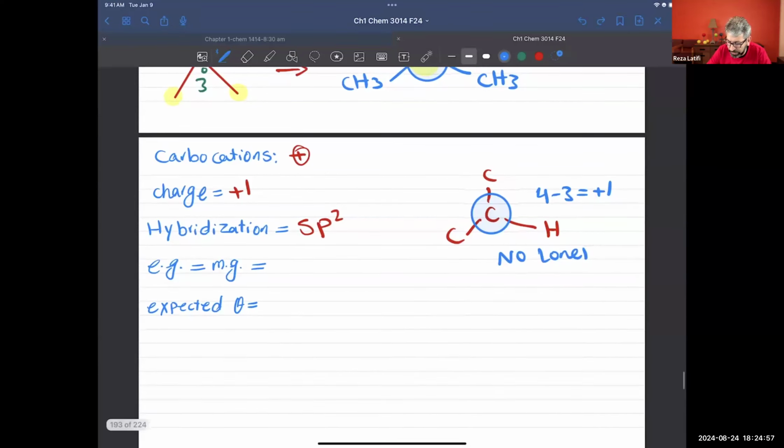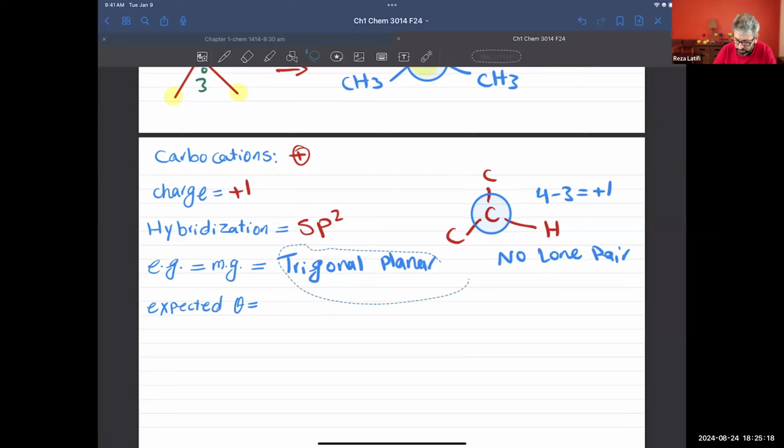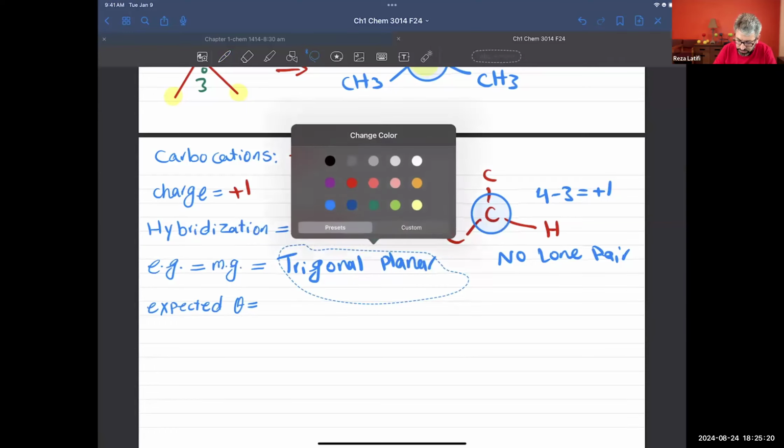I don't have a lone pair on the central carbon. In that case, electron geometry and molecular geometry will both be equal, and they will be trigonal planar.